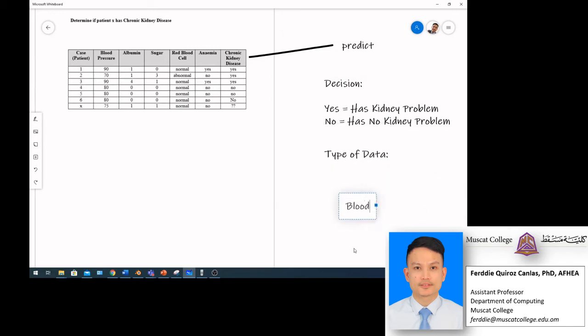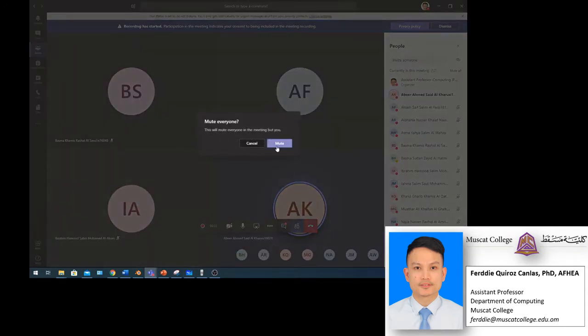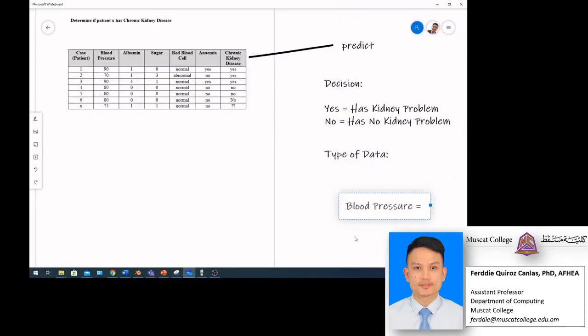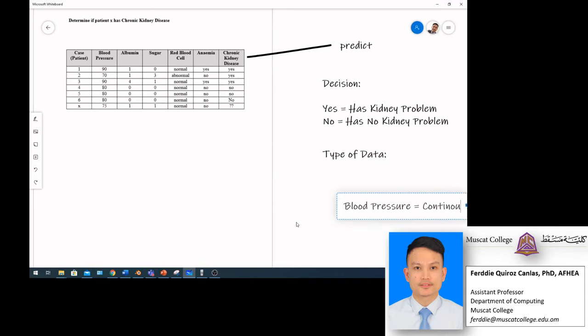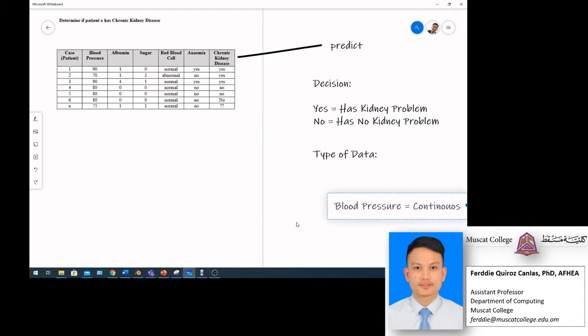So blood pressure is continuous or discrete? These are represented in numbers, right? So they are continuous. Okay, they're continuous data.